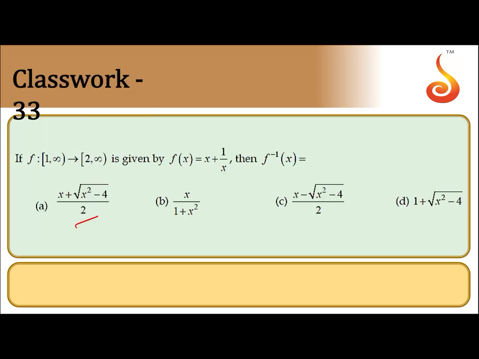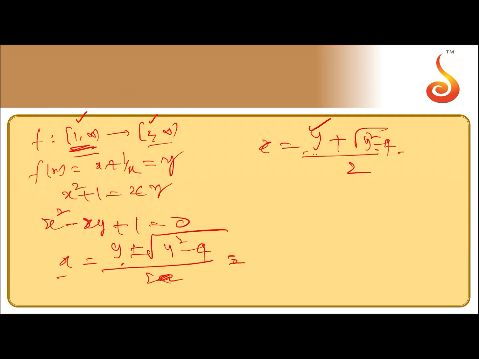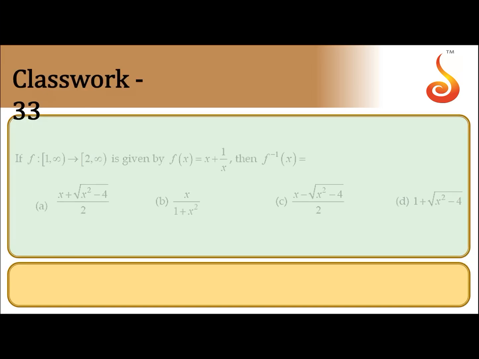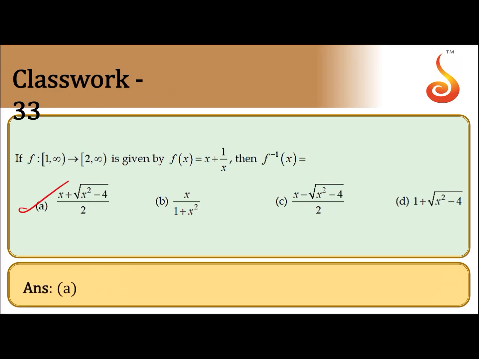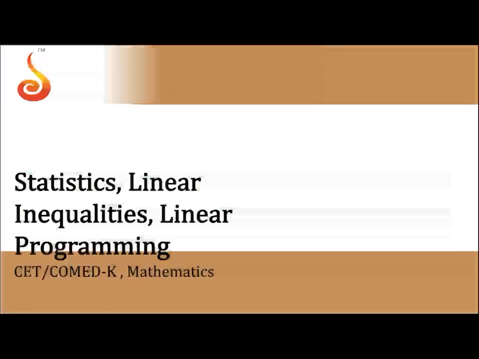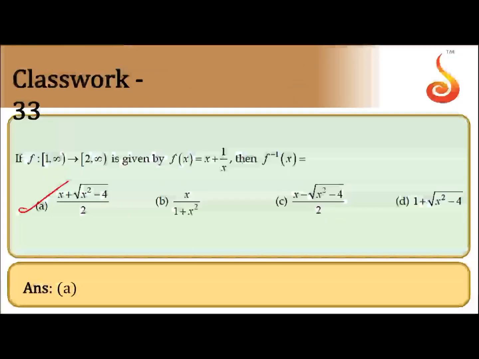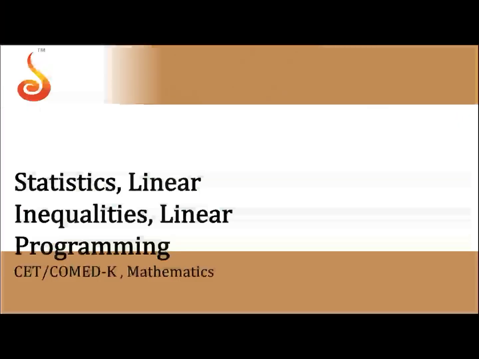So we get x plus root over x square minus 4 by 2. The answer for the problem is A itself. Yes. Coming to the next step, let us proceed with a few problems related to statistics, linear inequalities and programming.